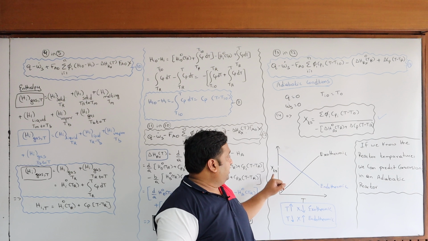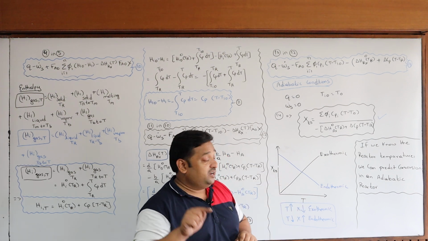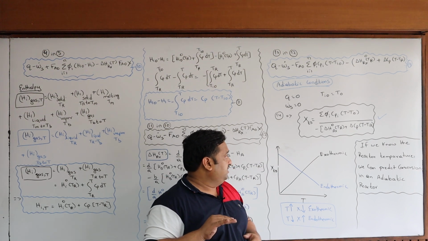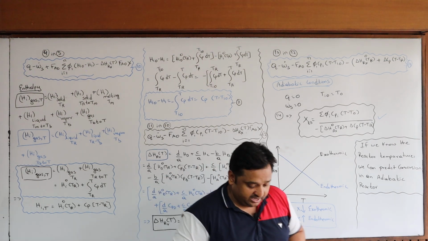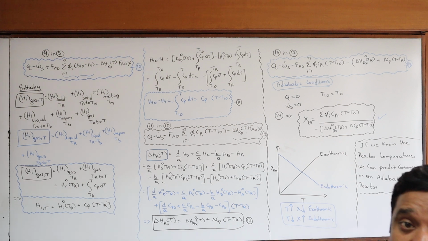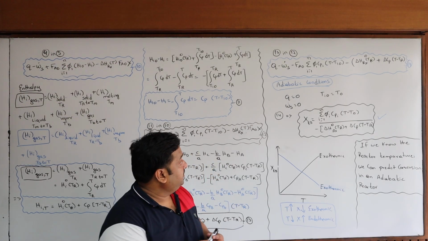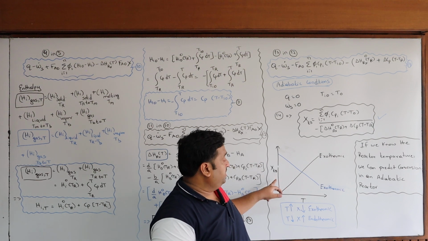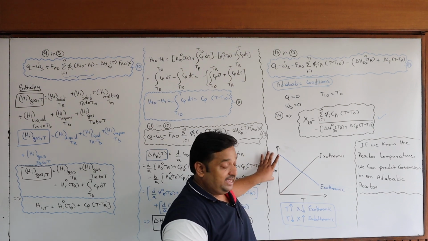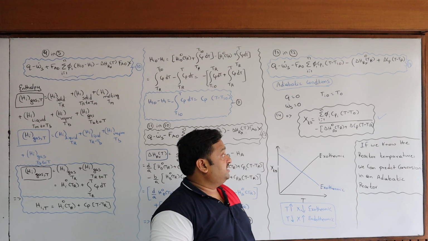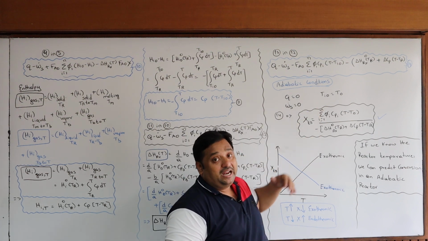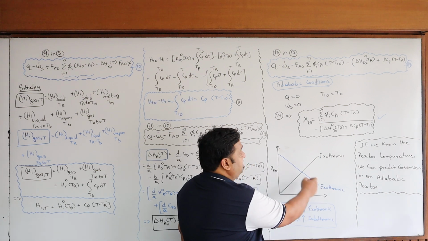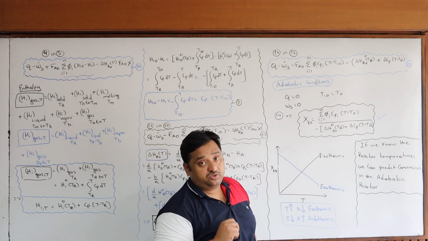See, if I plot conversion against temperature, and just a second, a small correction is required. Yes, if you see the graph, conversion is on the y axis, temperature is on the x axis. From this equation, we can say that for an exothermic reaction, if you increase the temperature, the conversion will reduce.